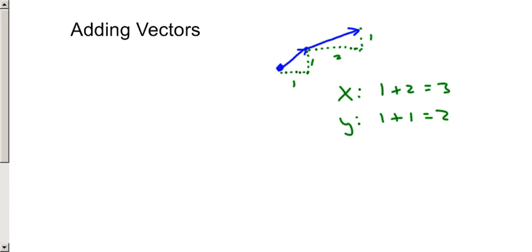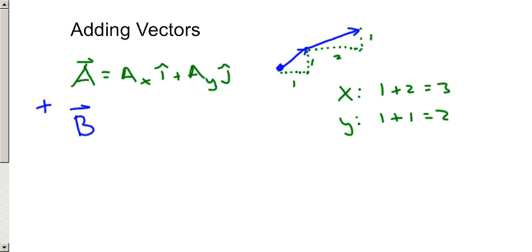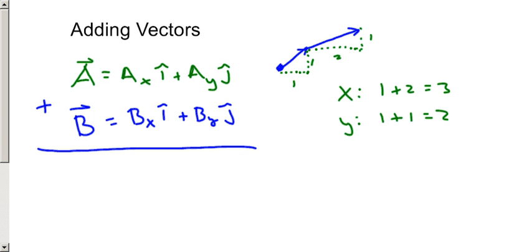So in other words, imagine if I had some vector A, which is AXI plus AYJ, and I wanted to add A to B, which is BXI plus BYJ. What we do is we just add their respective components.